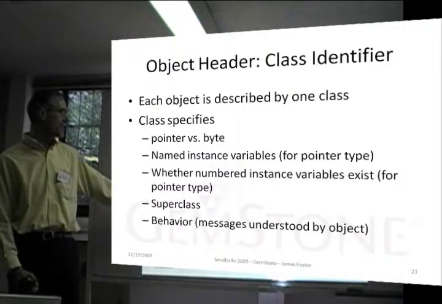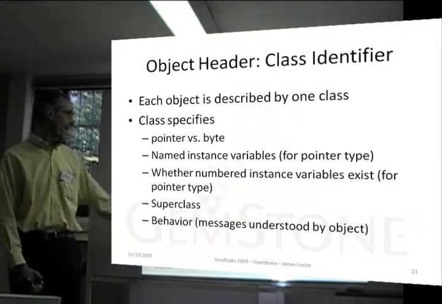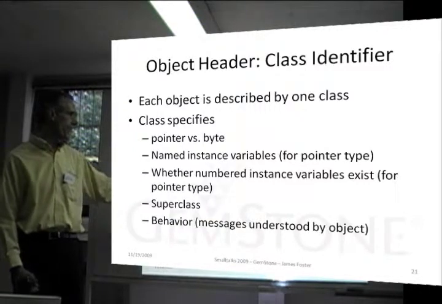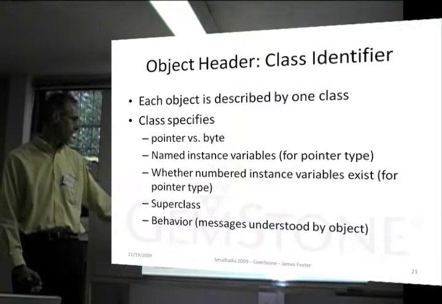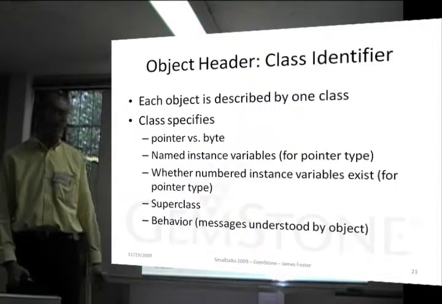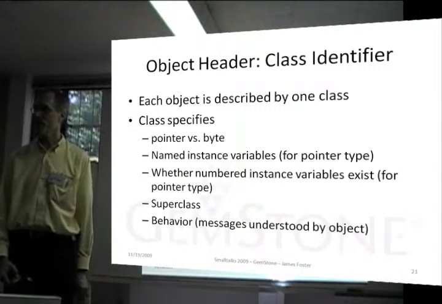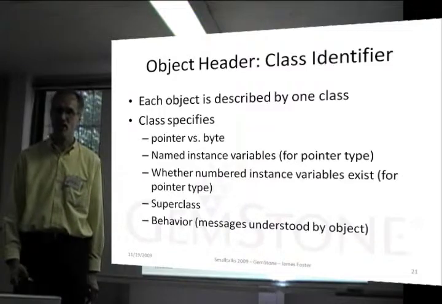The class tells us whether there are numbered instance variables. And that would be for a pointer type. If it's a byte object, then of course they're only numbered. The class tells us the superclass. And the class tells us the behavior, so the messages that can be understood. So which messages can we understand? That is the method dictionary.